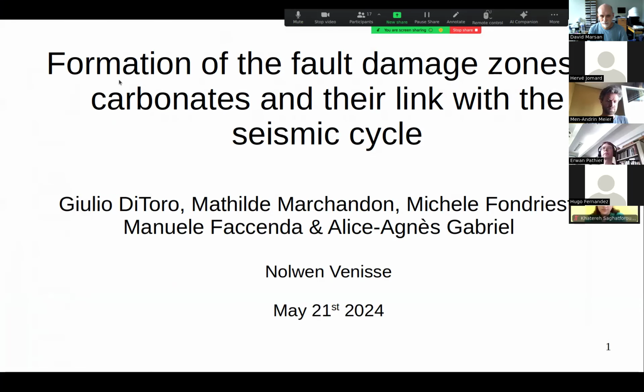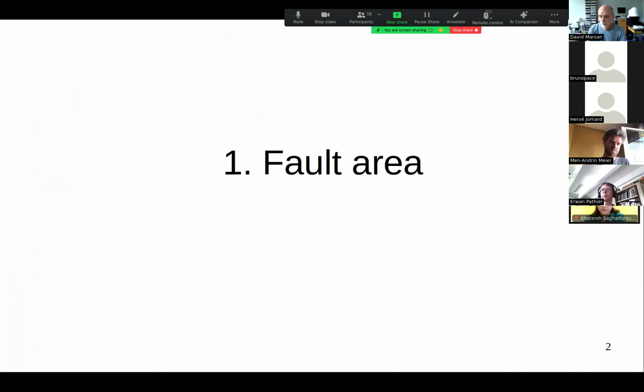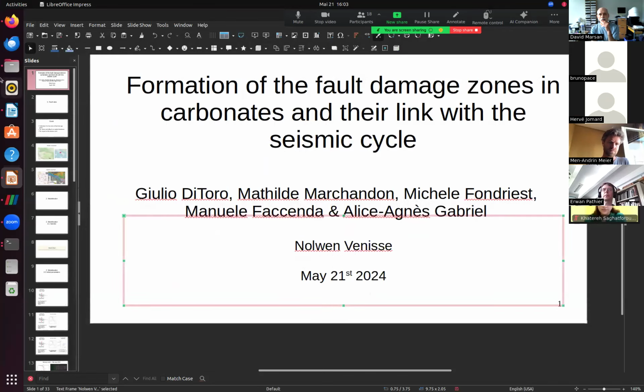Yep, excellent. Okay, so hi everyone. I'm in project 6 and I'm working on the formation of fold damage zones in carbonates and the link with the seismic cycle.